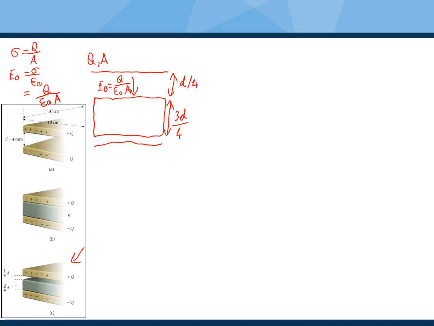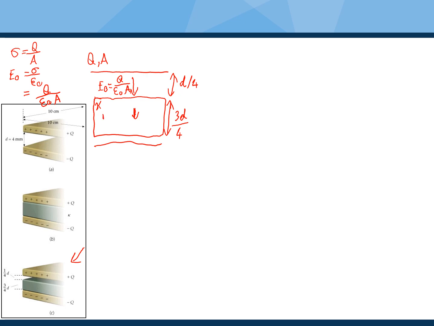Now, what happens to the electric field in the region that is permeated by the dielectric with a dielectric constant of kappa? The answer is that the electric field gets shrunk by that factor of kappa, and so we have a smaller electric field in this region.